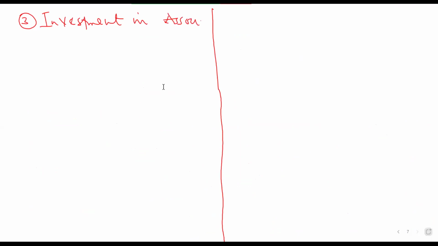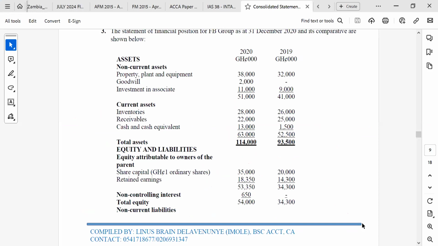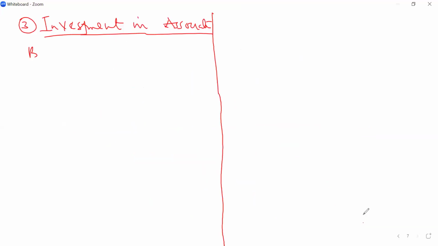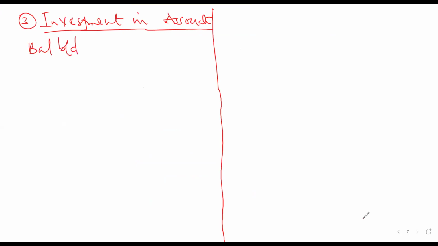Investments in associates. Okay, so you look for the opening balance. What is the balance for the investment in associates? The opening balance, 2019. 9,000. Okay, so we have the balance to be 9,000.